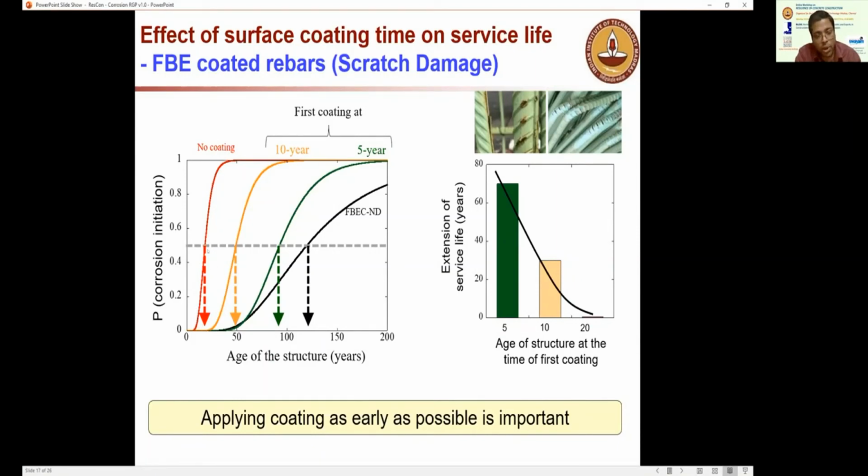If you apply the coating after 5 years, you can get the life to very close to 100 years. If you apply it after 10 years, you can extend the life to 50 years. But again, every 10 years you have to keep doing that coating. In the case of epoxy coated rebar, the message is to apply the surface coating as early as possible.